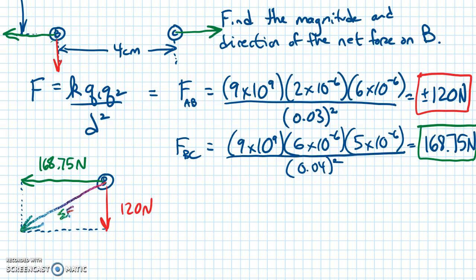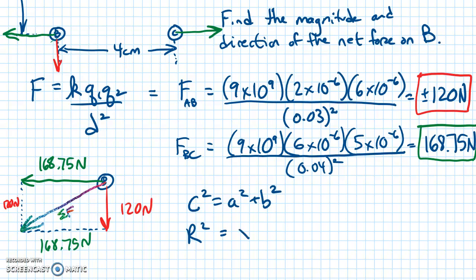And again, since it's a rectangle, that means that this side is also 120 newtons, and this side down here is 168.75 newtons. So if we want to find the magnitude of this, the length of this, the size of this, it's just a Pythagorean theorem problem. And in math class, I know you would probably write c squared equals a squared plus b squared. In physics class, we call the diagonal the resultant, so r squared.